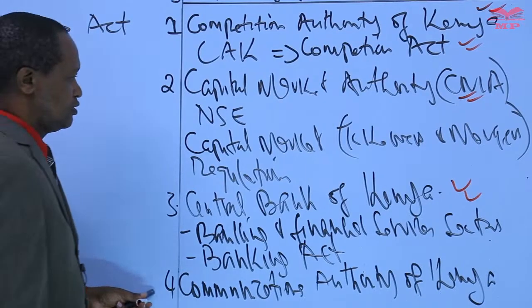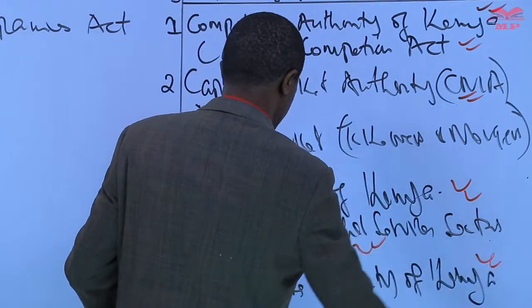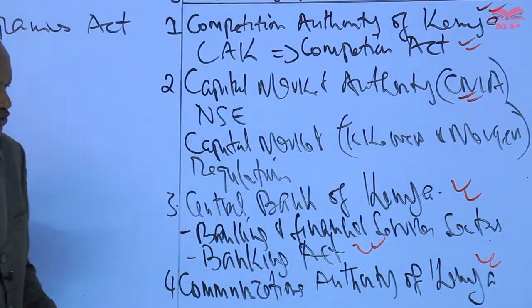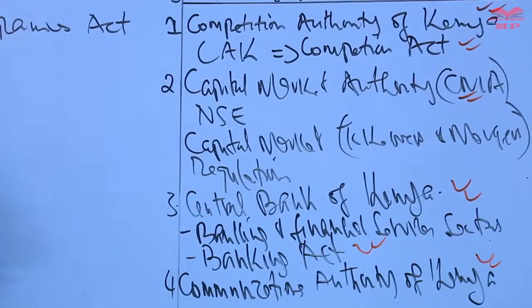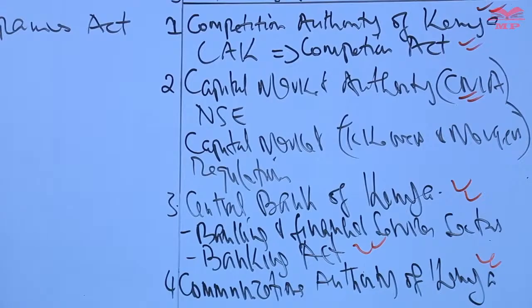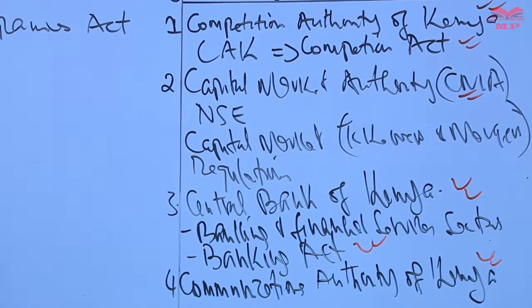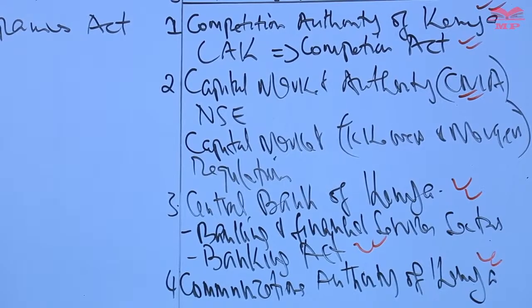Number 4, we have the Communications Authority of Kenya, which regulates mergers and acquisitions in the communication sector. We've gone ahead to identify also the Insurance Regulatory Authority of Kenya, which regulates mergers and acquisitions of companies within the insurance sector.